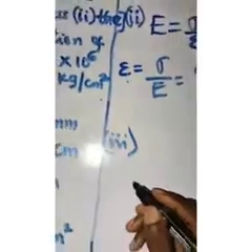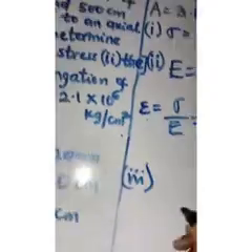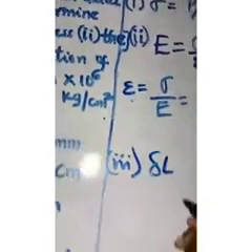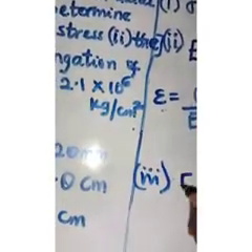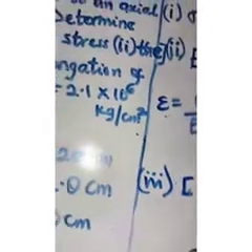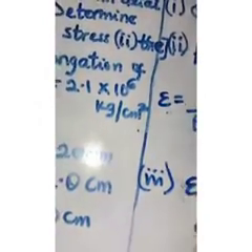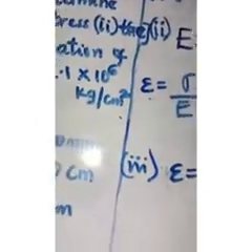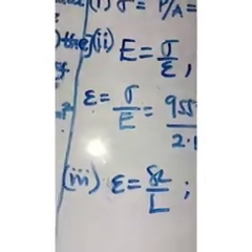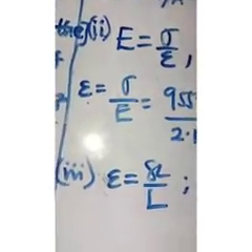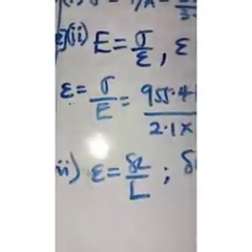Now coming back to the third question. The third question says the elongation. You know, elongation is your change in length. To find the change in length, you can come back to the formula of strain. Strain is equal to change in length over original length. Then from there you can get your change in length, that is, your change in length can now be equal to your strain times original length.